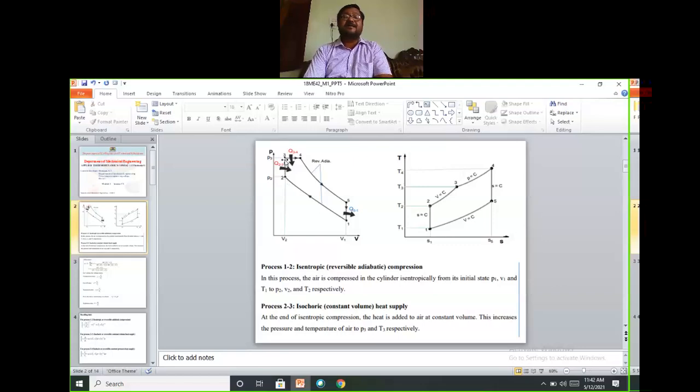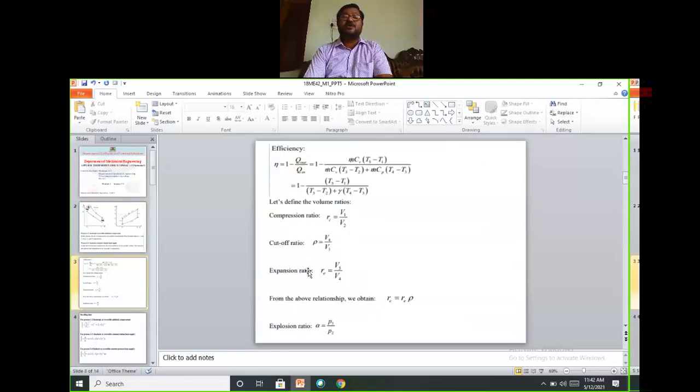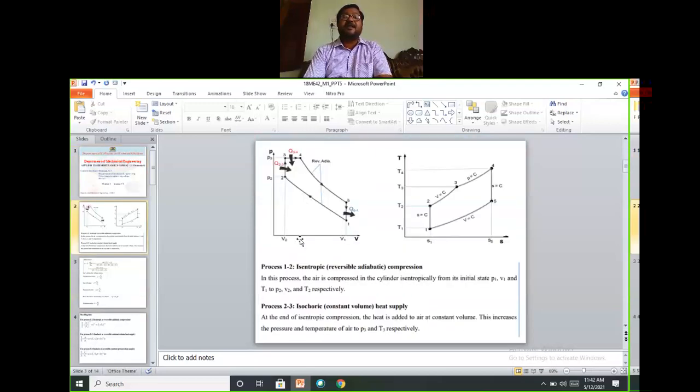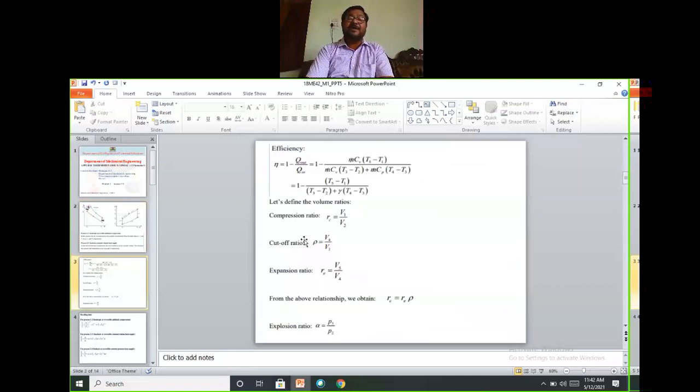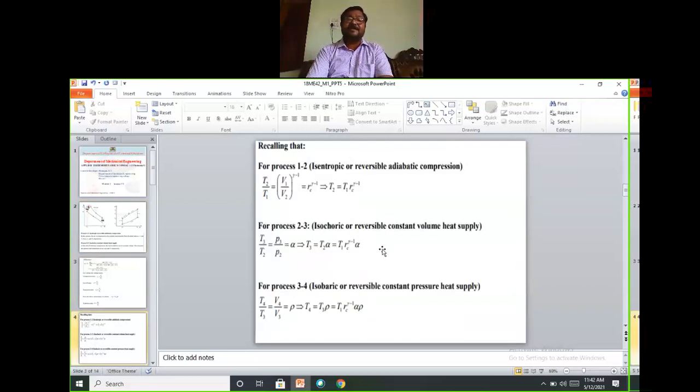This is denoted by rc. Explosion ratio, P3 by P2, is alpha. Cutoff ratio V4 by V3 is rho. Expansion ratio V5 by V4 is re, right?